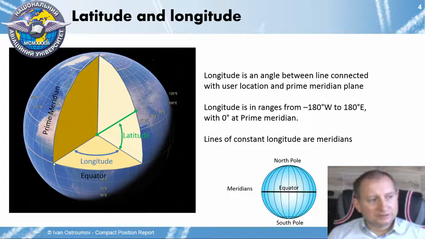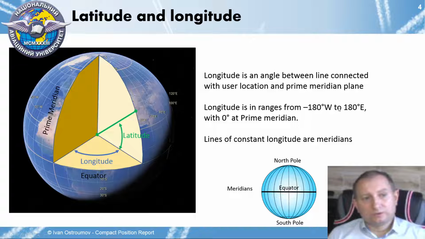And within each side we have a range for longitude from 0 to 180. Thus, for the west side, we have from 0 to minus 180 degrees of west longitude.